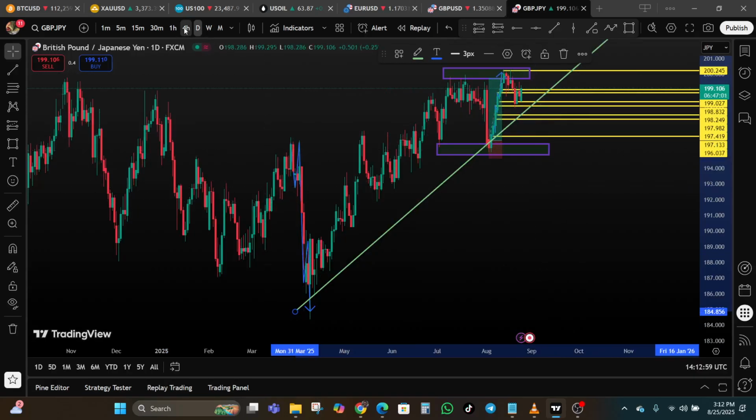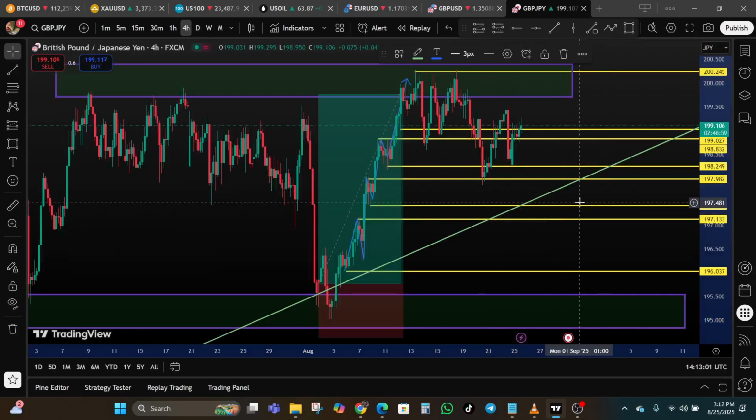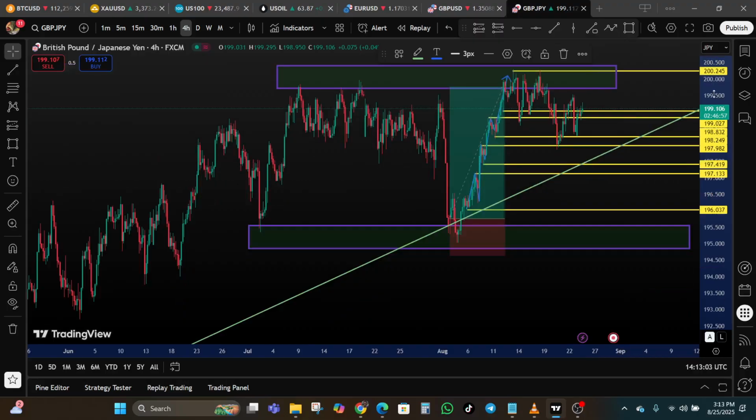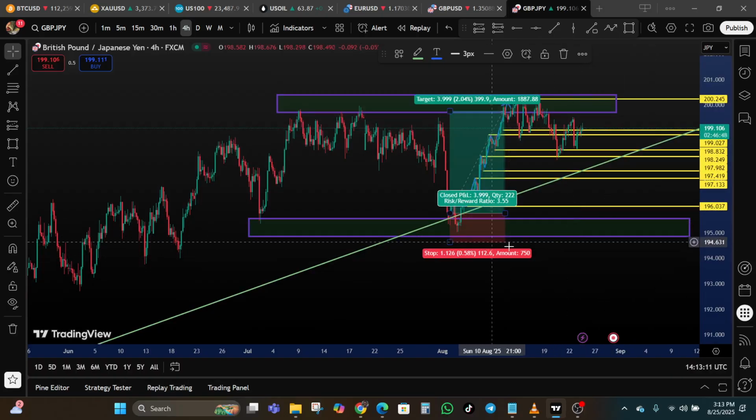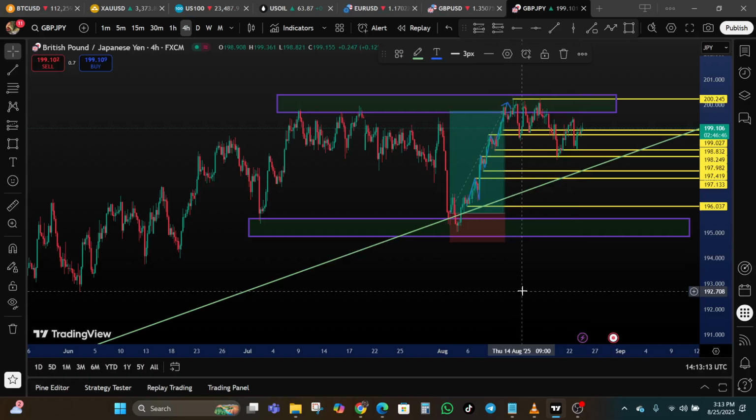So when you're on the 4-hour, you should be looking for bullish opportunities. You don't want to trade against the higher time frame trend. Once you drop down to the 4-hour chart, you plan your entries and refine your execution. This combination of higher time frame context and H4 precision creates a well-rounded approach to trading.